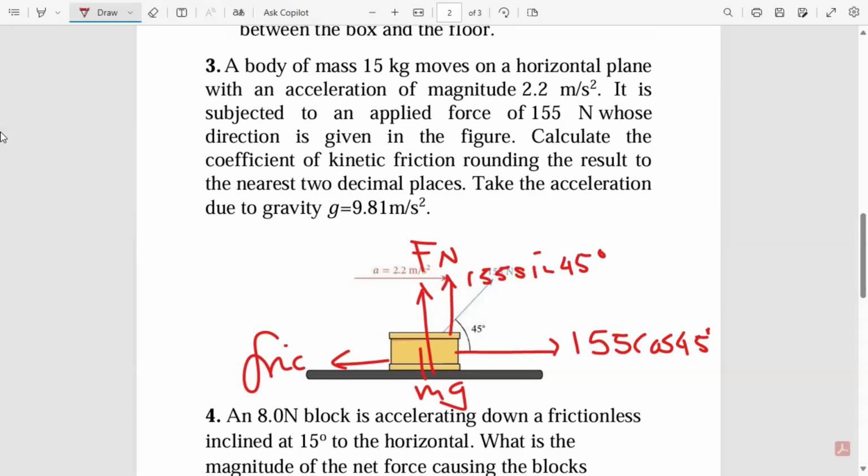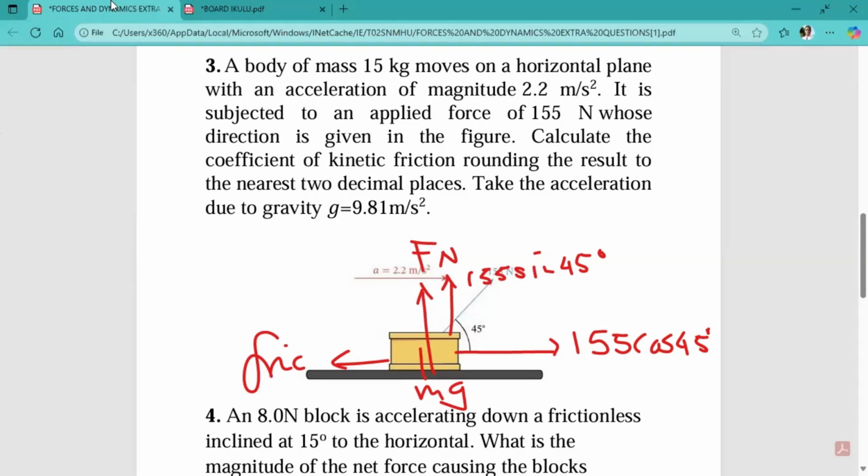Okay, so this is what we have. Now we can bring in Newton's second law of motion. The quantity we are looking for is in the x-axis, so let's do the summation of forces in the x-axis.